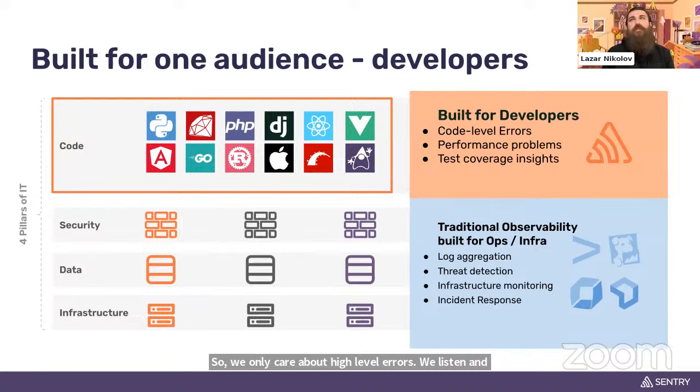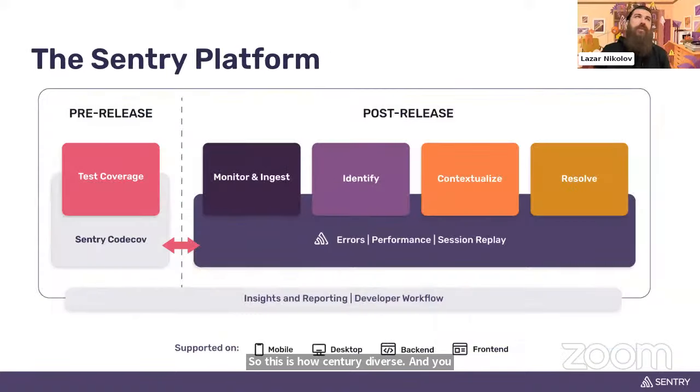We also have test coverage insights with our CodeCov product. Whereas the other traditional tools are built towards monitoring infrastructure. They're built for ops, log aggregation, threat detection, etc. So this is how Sentry differs, and you'll see later when we start to play with it.